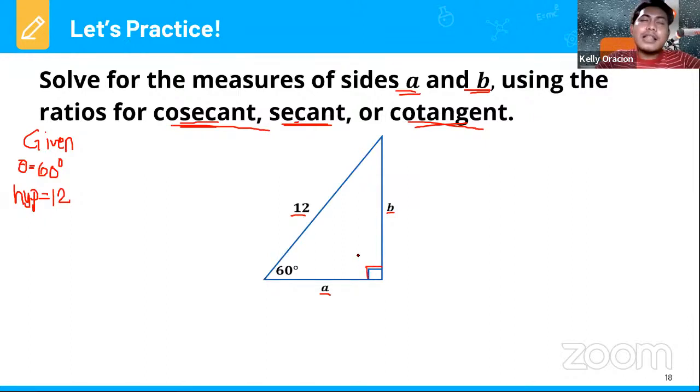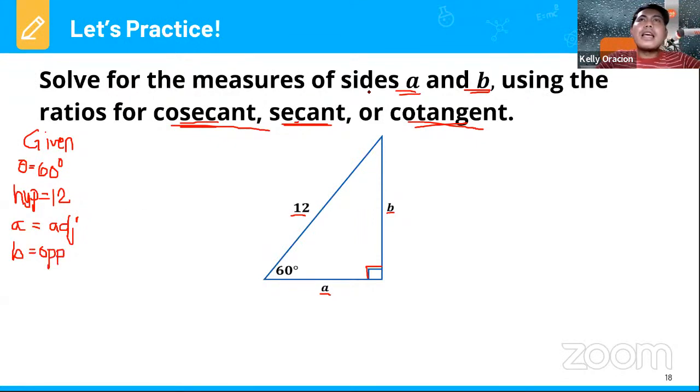How about A? A is what of 60 degrees? Very good. That is the adjacent. And lastly, B. B is your, very good, it's the opposite side.